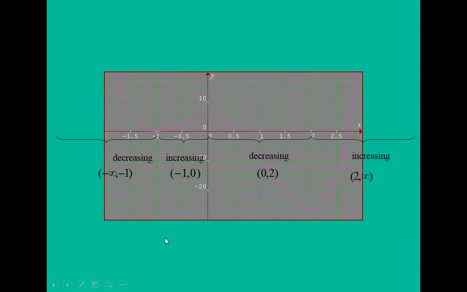Now notice when we write the intervals of increase and decrease, we do not include those endpoints. It's neither increasing or decreasing at those endpoints. So we use open intervals, not closed intervals, to describe where the graph is increasing and where it's decreasing.